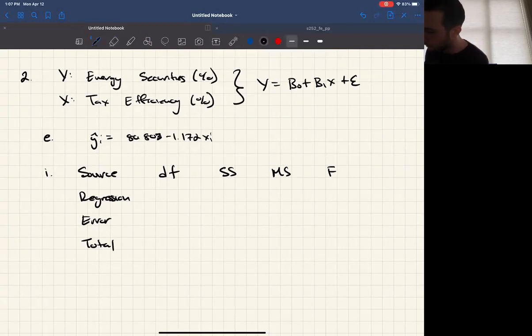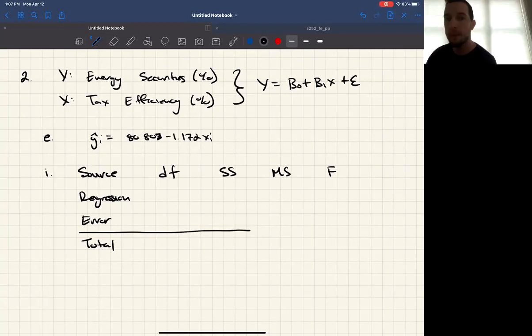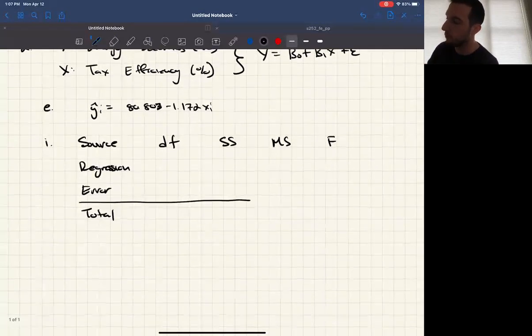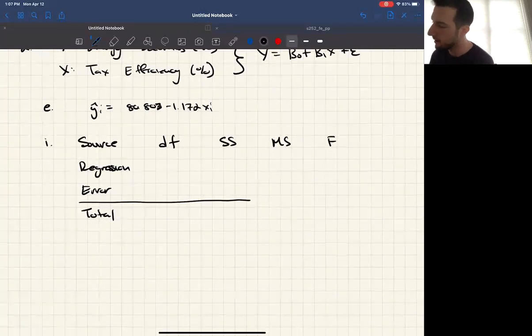All right. So for all regression tables, the degrees of freedom and the sum of squares must add to the total. Okay, so we are fitting a simple linear regression model in this case.